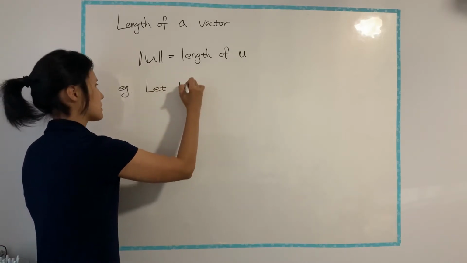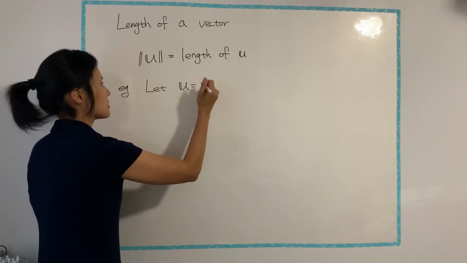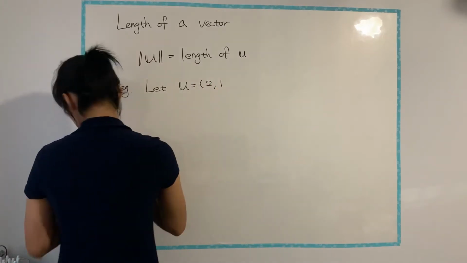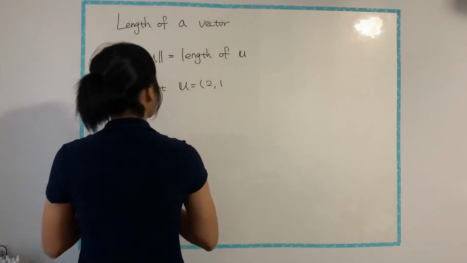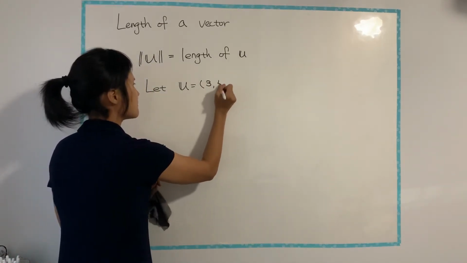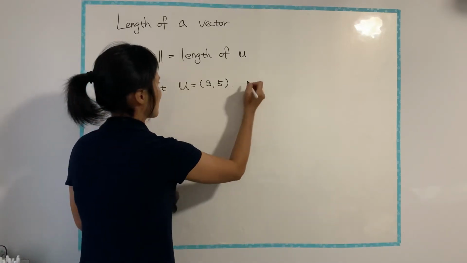Suppose I have a vector u being 3, 5. I used 2, 1 already.